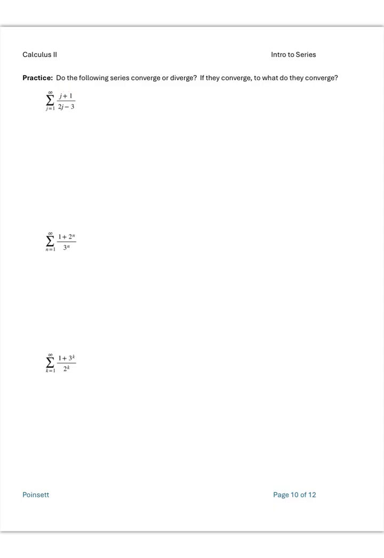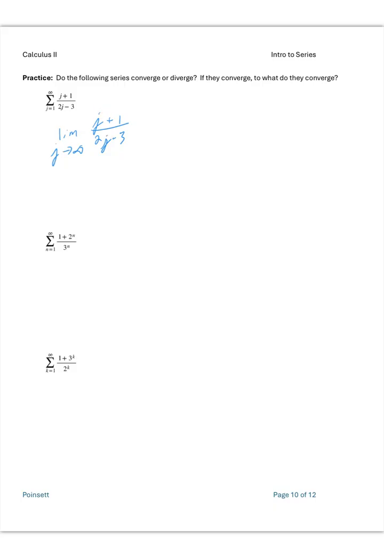So the divergence test requires us to take the limit as j approaches infinity of (j + 1) over (2j - 3). Now, if we thought about the continuous version of this, (x + 1) over (2x - 3), that's simply a rational function, and it has the same degree.